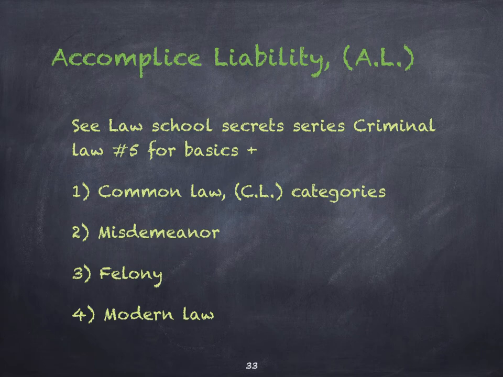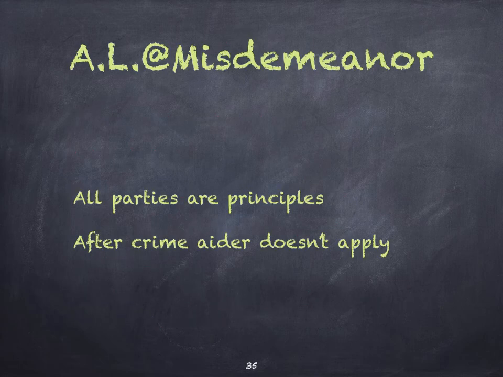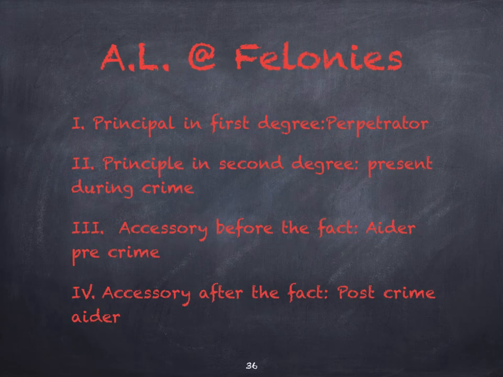When you have homicide defenses and crimes, even though you didn't do something, you might be held liable as an accomplice. Now, in Criminal Law 5, I talked about some basics with that. This is a little bit more of a build on it, but you need to know these categories at common law, and then a misdemeanor, or if it's a felony.